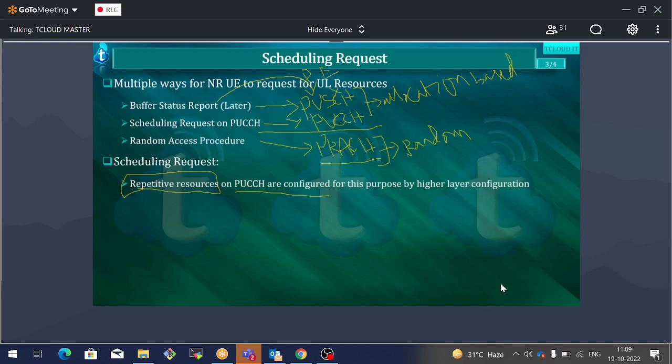So PRACH is used for requesting radio resources, and at the same time it is used for synchronization. The gNodeB will be able to estimate your timing and it will provide you the proper timing advance value so that you will be perfectly transmitting PUSCH. Both things happen. It's like two birds with one stone.